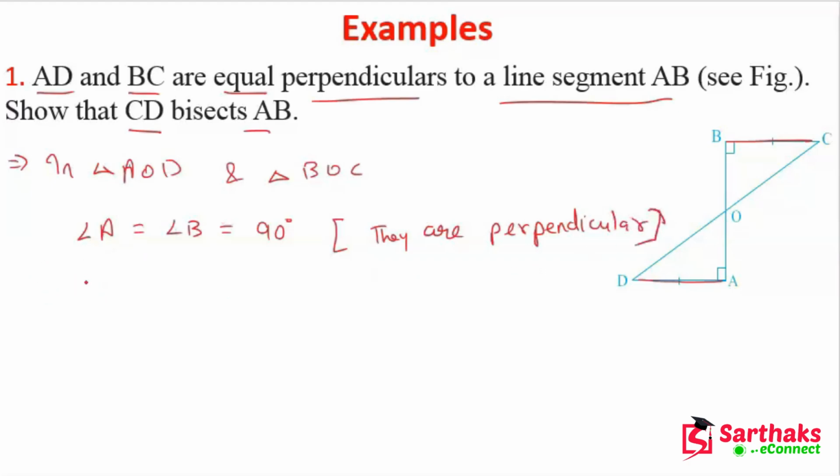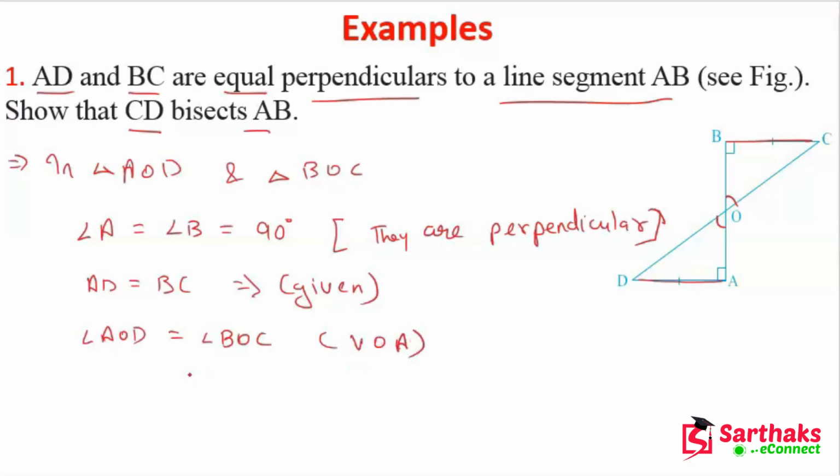And AD is equal to BC. This is given. And this angle is equal to this angle because they are vertically opposite angles. So angle AOD is equal to angle BOC, vertically opposite angles.